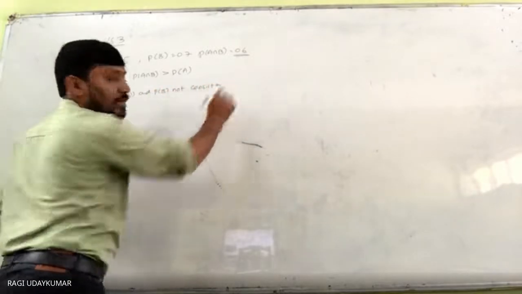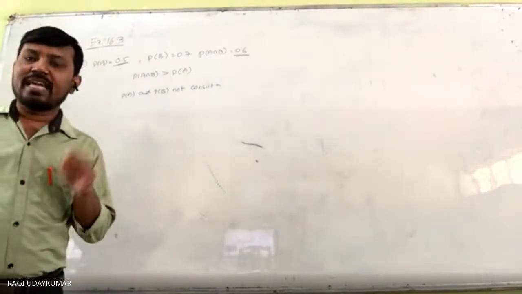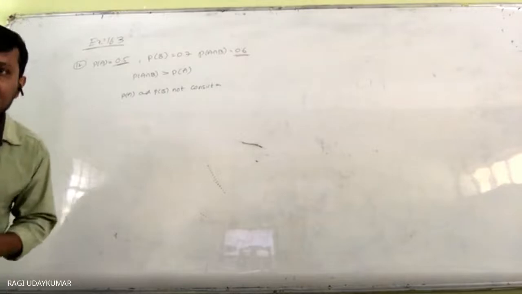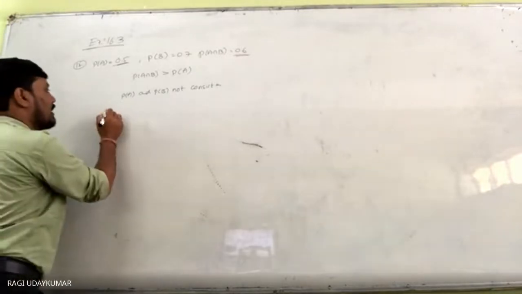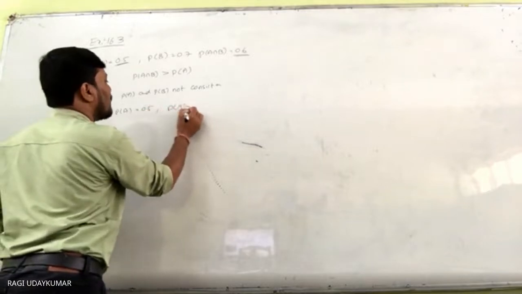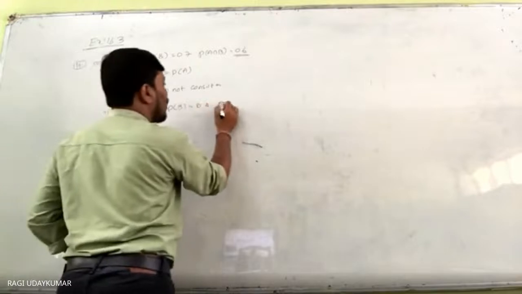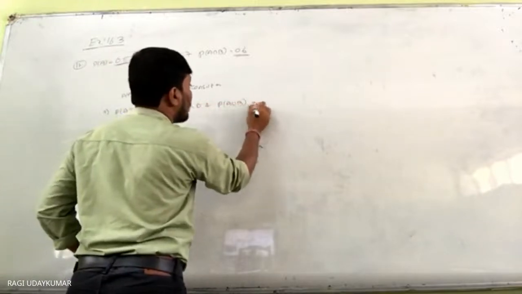consistently defined. Suppose the second question is given: probability of A is 0.5, probability of B is 0.4, and probability of A union B is given to you as 0.8.